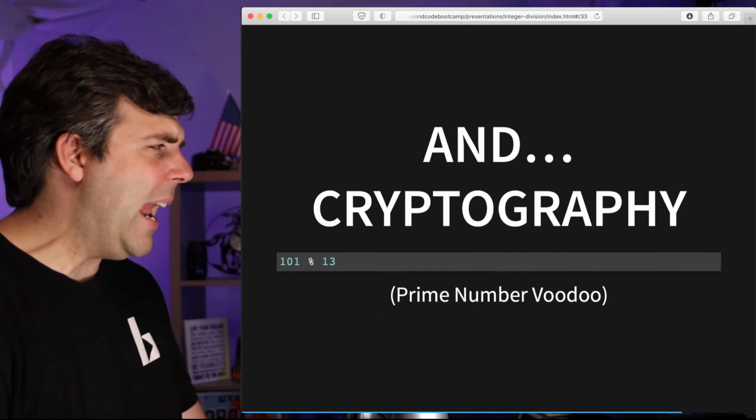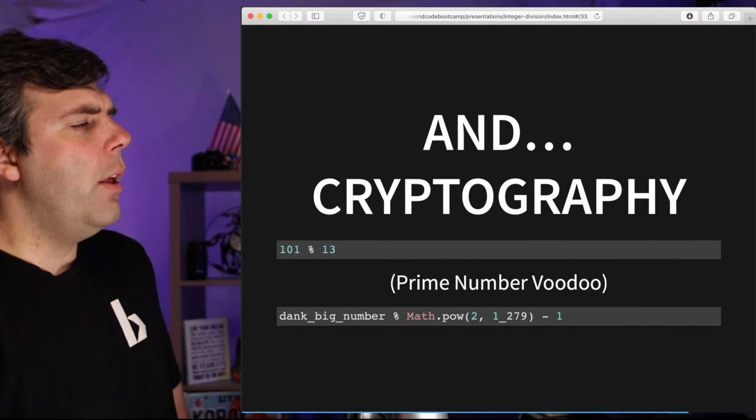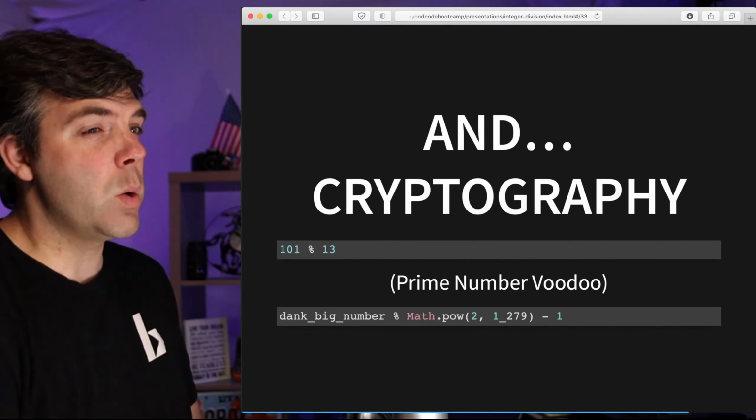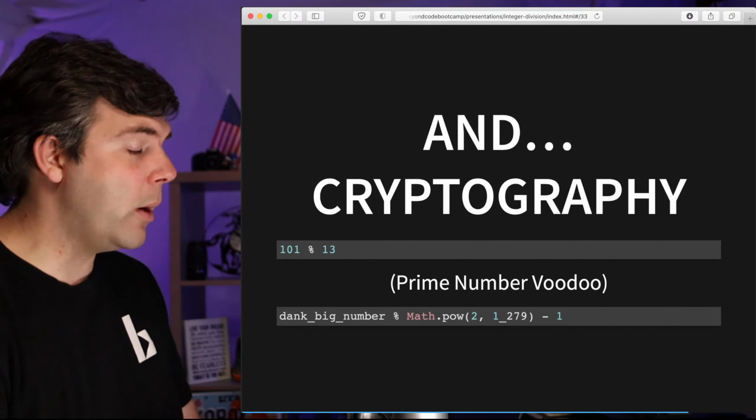And where this becomes really useful is when you're working with really, really big numbers, like 2048-bit numbers, 1024-bit numbers, like this example here, which is a prime number that's rather large.